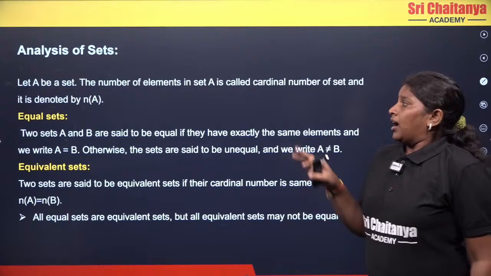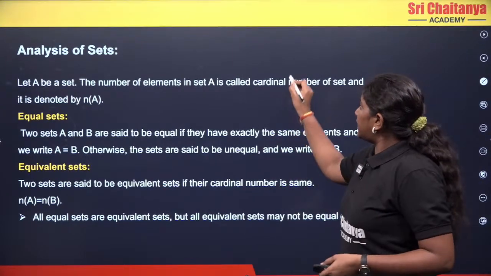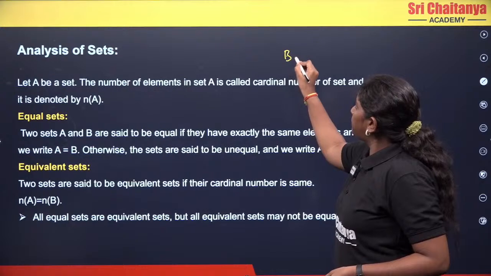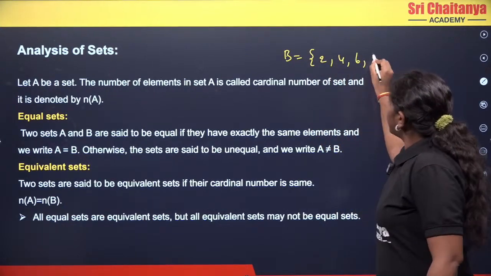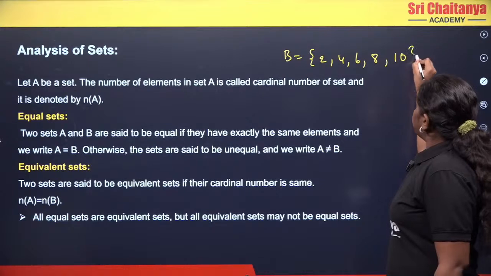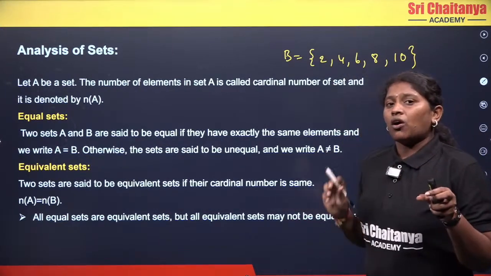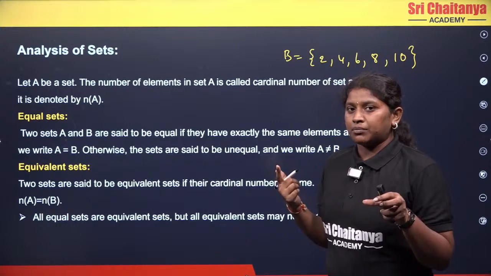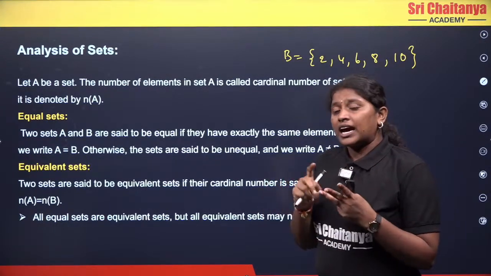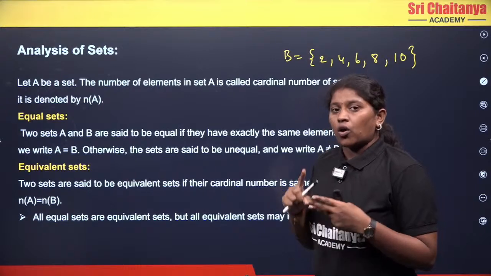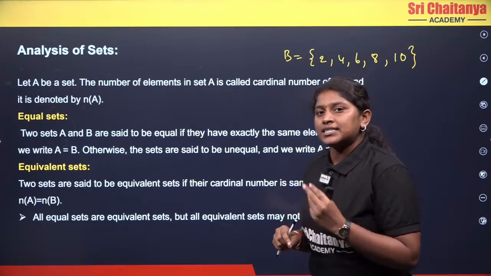So consider any set, B equals to the set of elements, if you are considering even 2, 4, 6, 8 and 10. Okay. Now what is the cardinal number or cardinality or order of the set? These three are the same terms, which is nothing but the number of elements in the set.